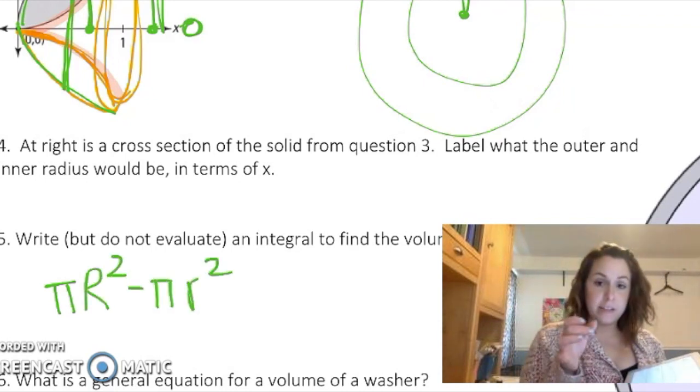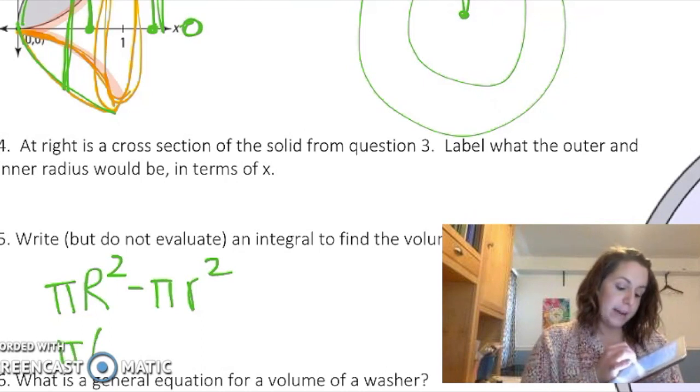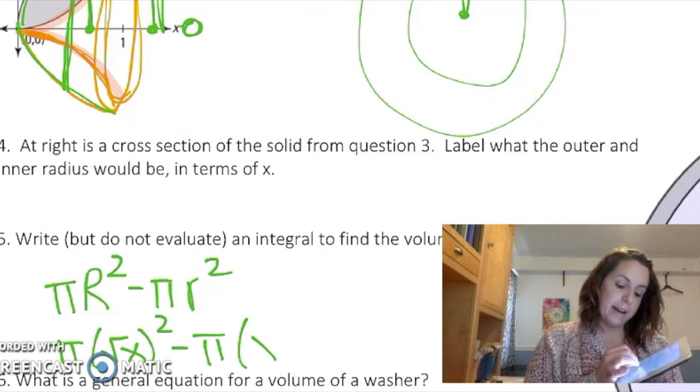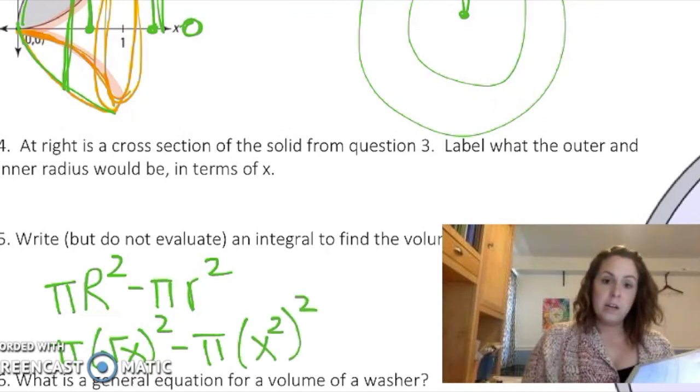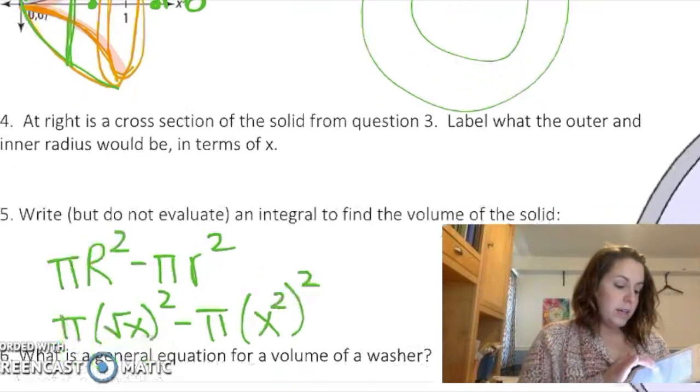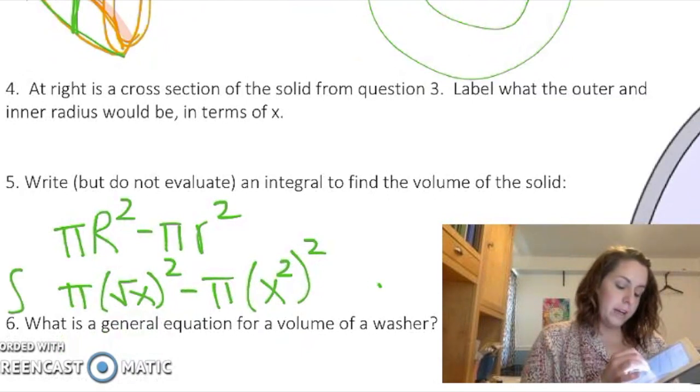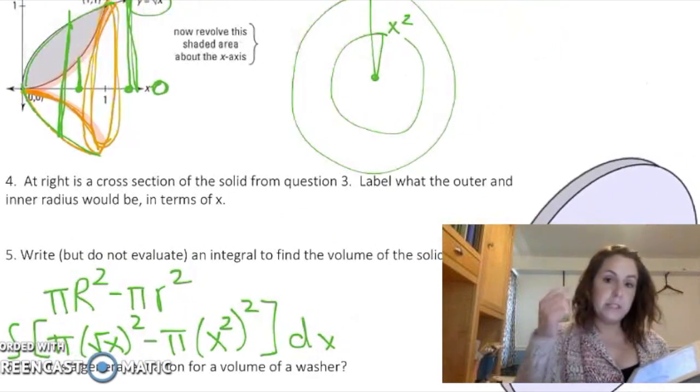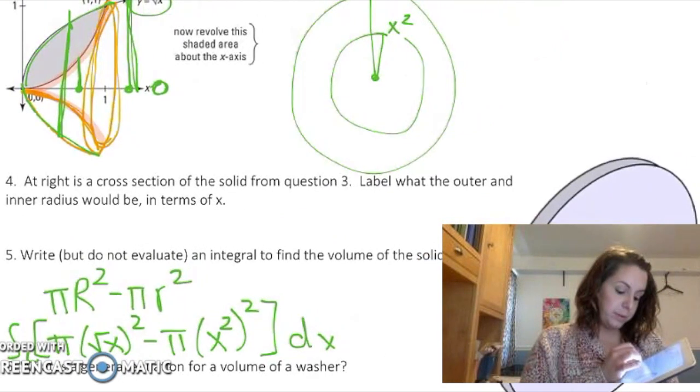That's the area of that disk. So it would be pi times the square root of x squared minus pi times x squared squared. So that's my area function. And now I'm going to integrate that with respect to x from 0 to 1, my x values.